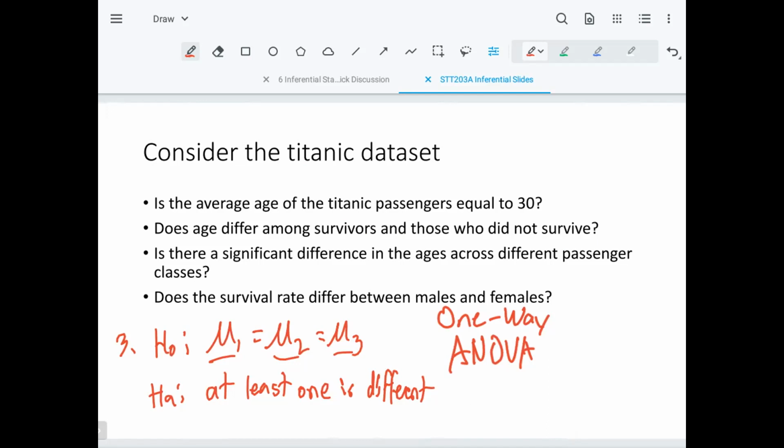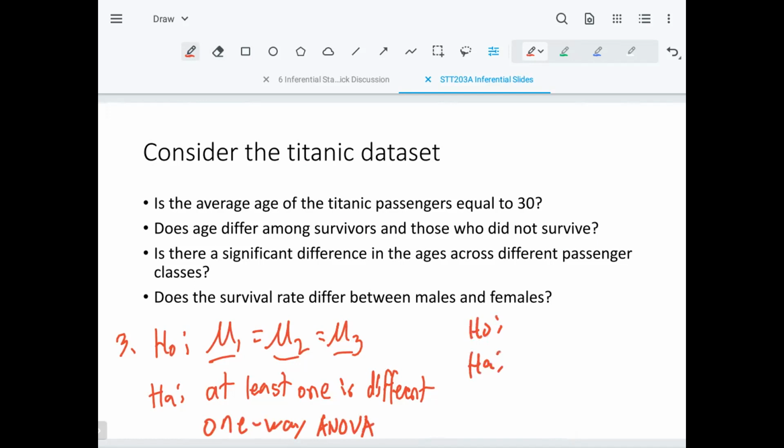What about for number 4? For number 4, we know it's a chi-square test, but how do we formulate the null and alternative hypothesis? Anyone? HO and HA pa rin eh.